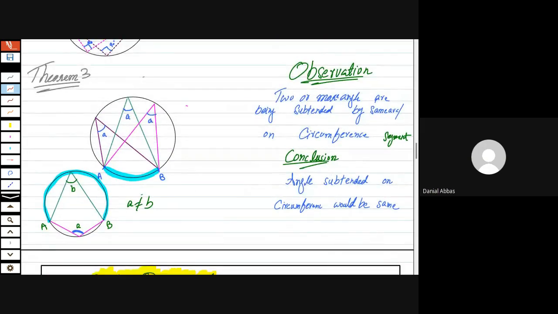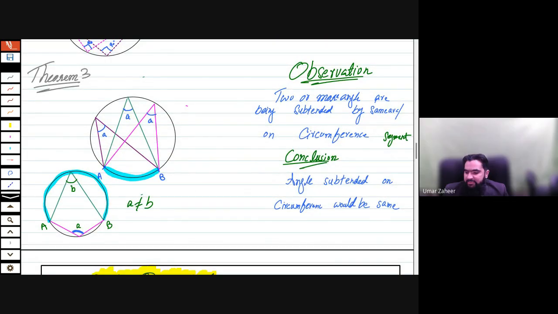How are you? Alhamdulillah. And we have the third theorem. The third theorem says that if you have angles subtended from the same segment on the circumference, anywhere on the circumference, all of these angles are the same. For example, if this angle is equal to 30 degrees, then this one is also 30, and this one is also 30 degrees.